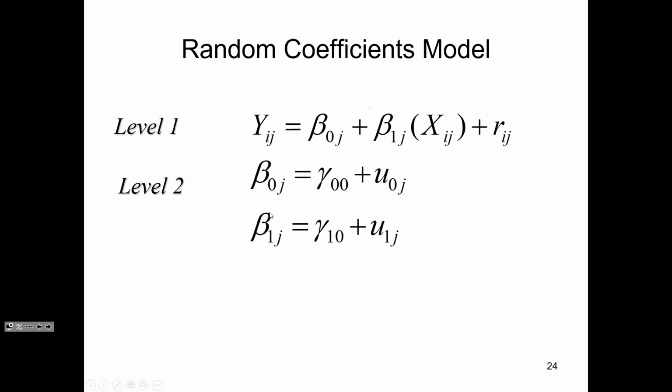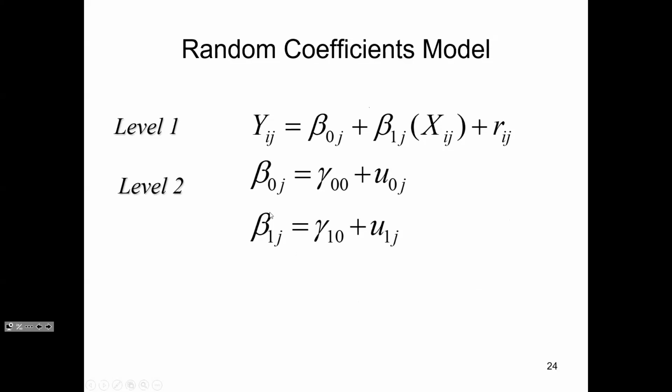It's just the overall intercept. It's like the overall predicted math achievement when SES is equal to 0 plus U sub naught j. And it's really this U sub naught j that's allowing those beta sub naught j's to vary across cluster.